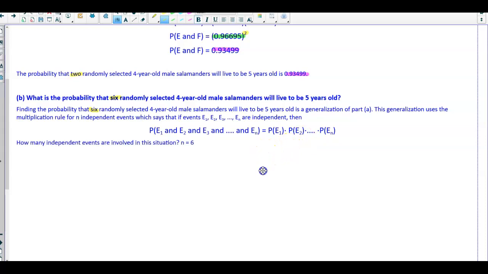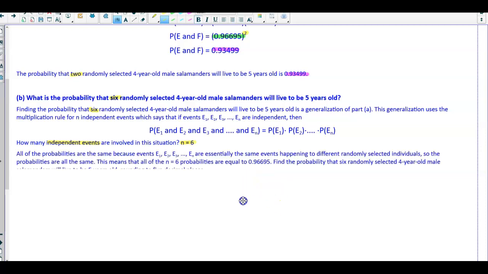So how many independent events do we have? Well, we know that n is equal to 6. So we know that all the probabilities are the same, which means that the same events happen to different randomly selected individuals. So this means that each one of the n equals 6 probabilities is going to equal 0.96695.